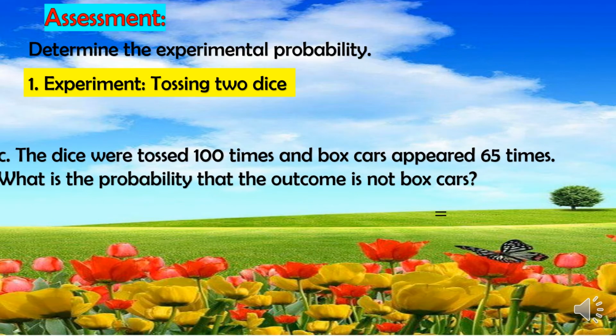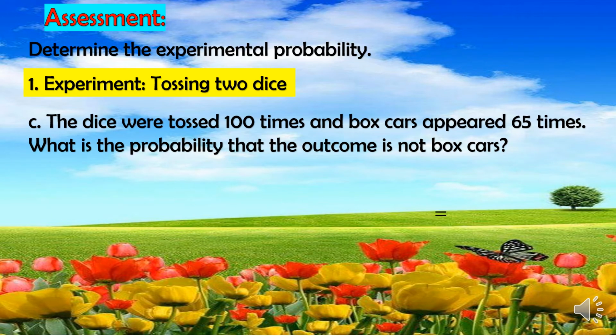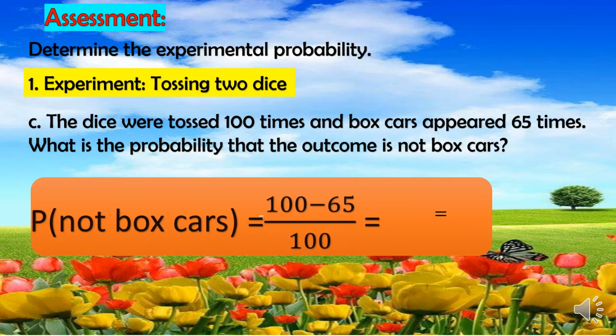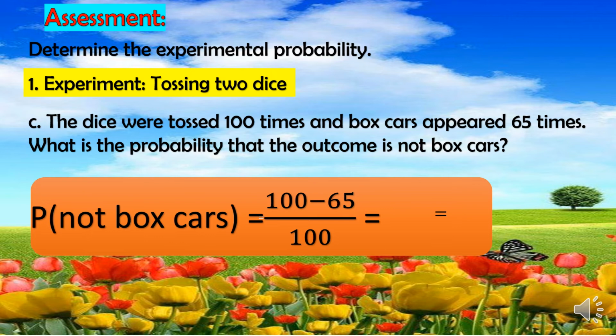For letter C, the dice were tossed 100 times and boxcars appeared 65 times. What is the probability that the outcome is not boxcars? Again, the formula is probability of not boxcars. You have 100 times, but boxcars appeared 65 times.